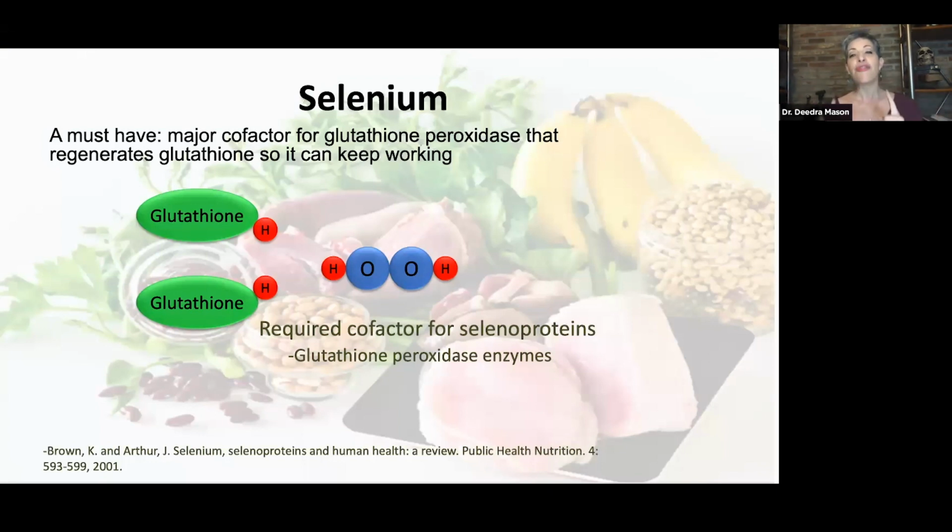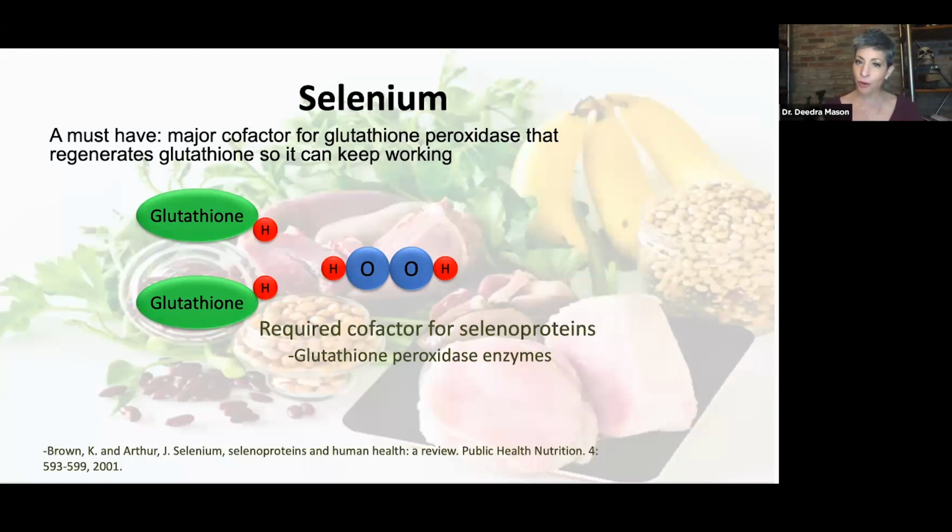In fact, there's an antioxidant in your body, an intracellular antioxidant that you don't take, you make, and it's called glutathione. And one of the ways that we are able to not just generate glutathione, but actually reduce and gain access to glutathione is with the help of selenium.